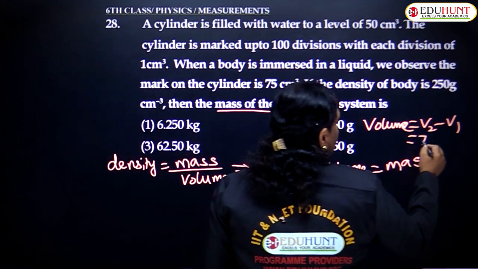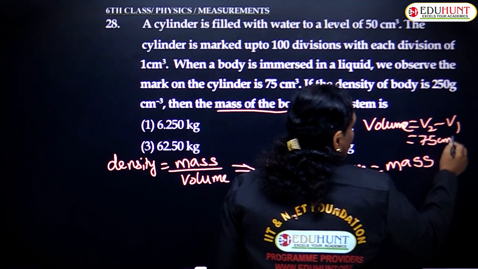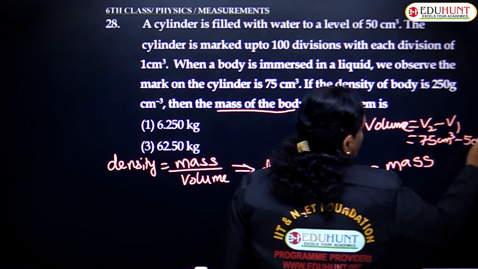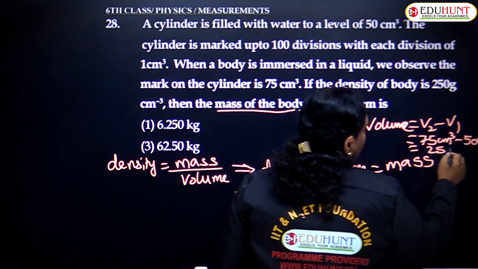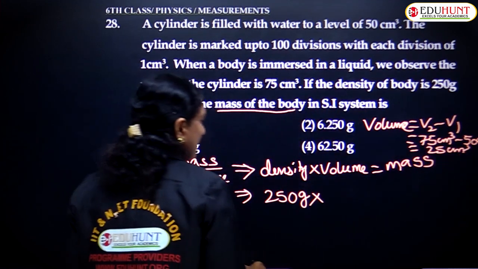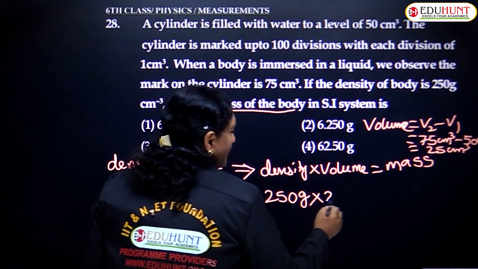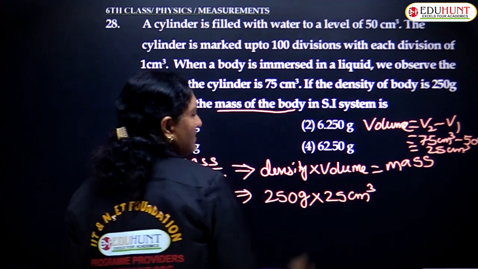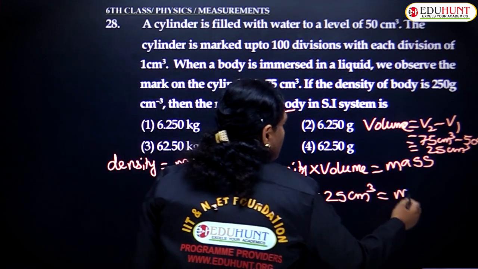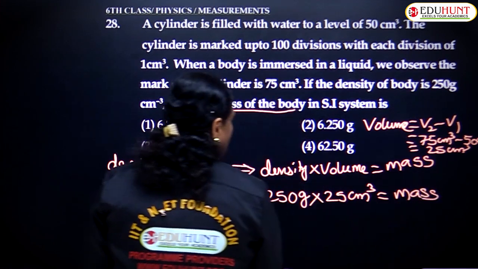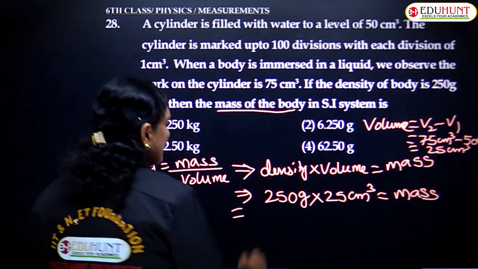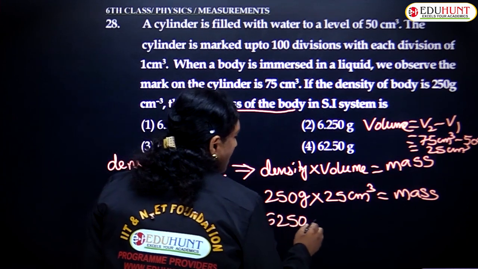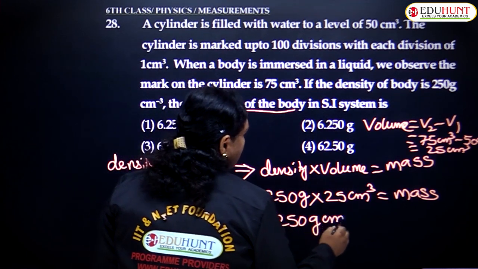That is 75 centimeter cube minus the other, 50 centimeter cube. So what is the answer? 25 centimeter cube. So volume is 25 centimeter cube, which will give you the measure of mass. So multiply this, children. 25 into 250 is how much? Yes, 6250 gram.